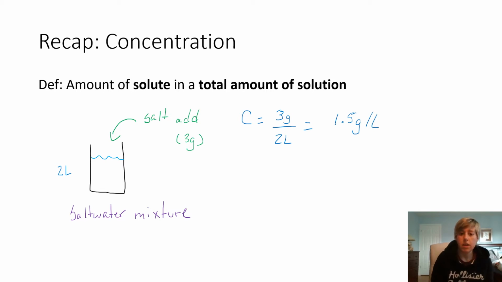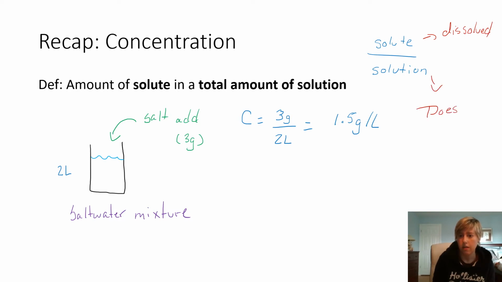So whenever we're looking at concentration, we're really looking at the ratio of how much solute I have for my given solution. And again, my solute is the thing that is being dissolved, and my solution is the thing that does the dissolving.